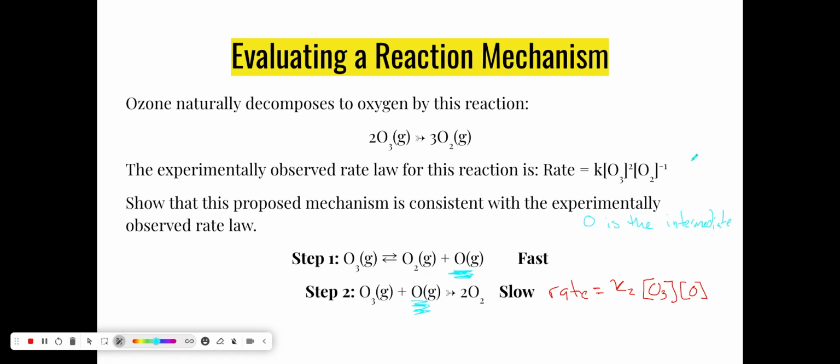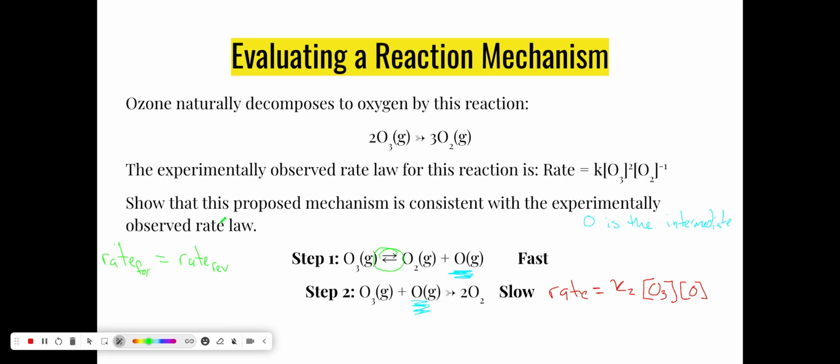So we obviously can't have a rate law written with an intermediate. So we have to use the pre-equilibrium approximation, which is when we take the rate of the forward direction and set it equal to the rate of the reverse. Again, guys, this is happening for our first step because the first step happens to have a forward chemical reaction and a reverse chemical reaction.